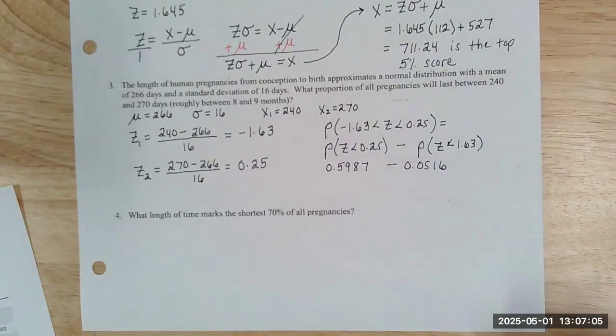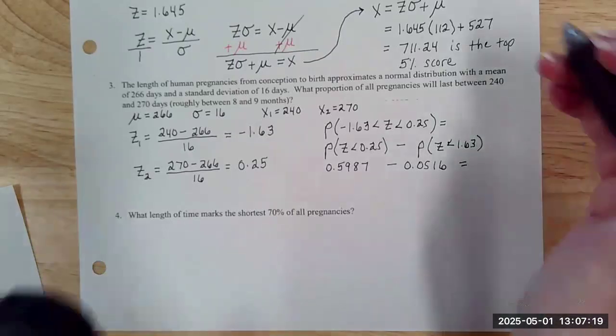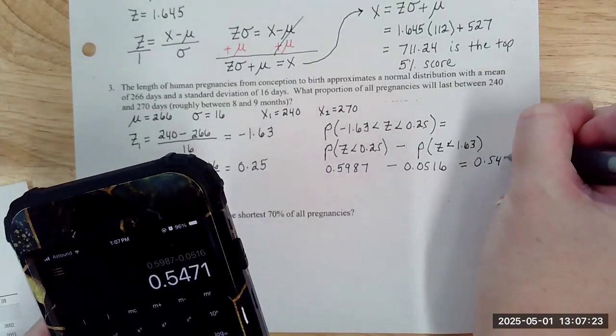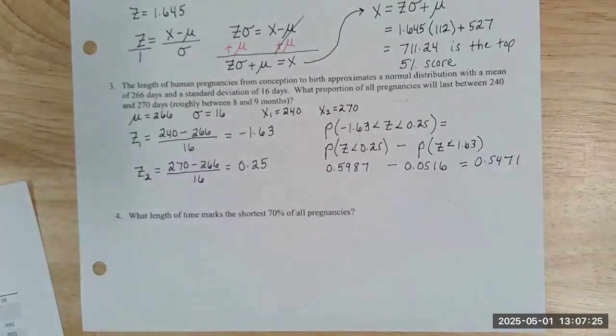Cool. All right, so now we're just subtracting those two numbers. 0.5987 minus 0.0516 is 0.5471. Okay, what does that mean?